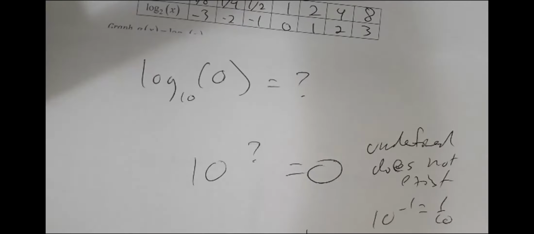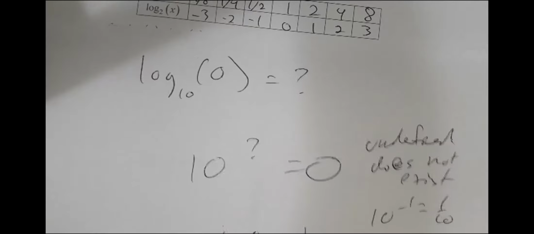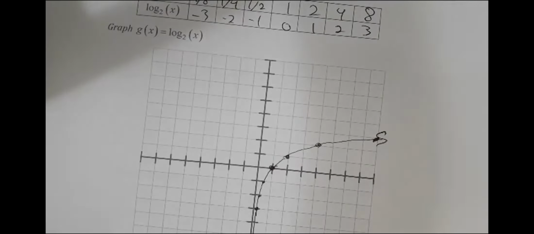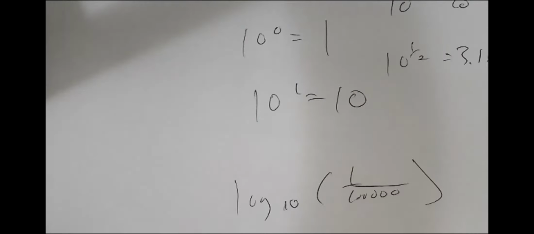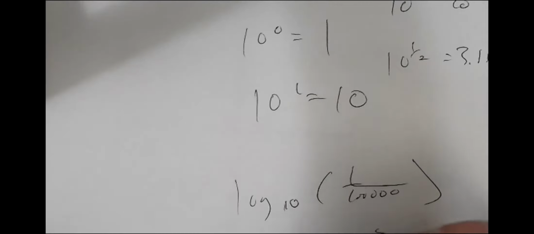So what is this telling me? This is telling me 0 is not in my domain on this function. So I cannot plug in 0. Can I plug in anything larger than 0? Like really, really small fractional numbers. I've done it before. But I can do stuff like this. I just have to count the zeros. This is a -5 here.